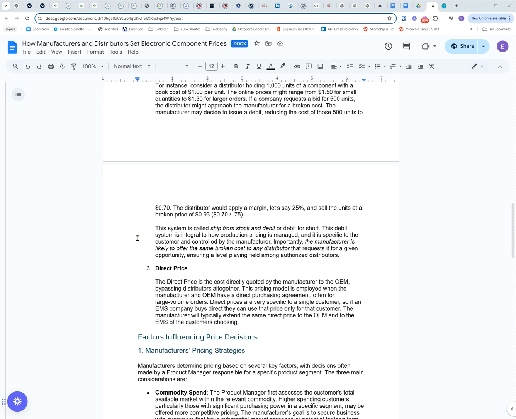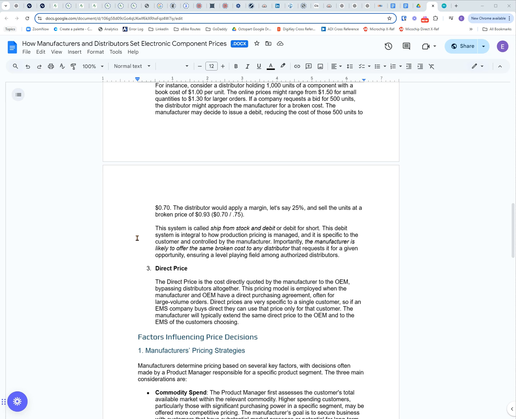It's also crucial to understand that debit, that authority to go back and debit, is specific to the customer. They can only debit down parts that are sold to that customer to that cost. It's very controlled by the manufacturer. And another key here is that the manufacturer is likely to offer that same broken cost to any distributor that requests it for a given opportunity.